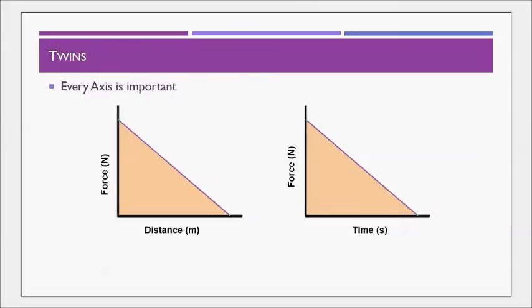This graph is force times distance, so it's work. And this graph is force times time, which is impulse, or change in momentum.